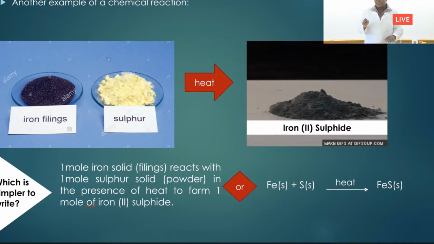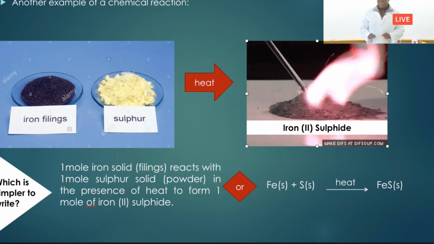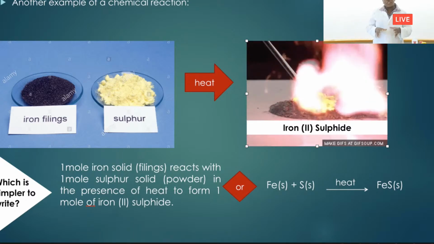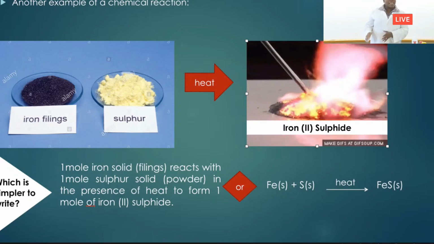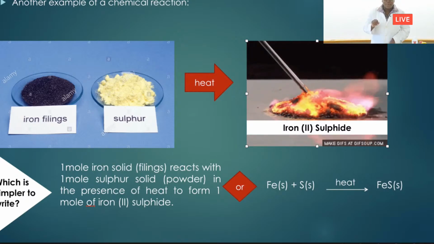So here's what we're going to look at: a chemical reaction. Now this reaction is between iron, some iron filings, and sulfur powder. Good. Now if I just took iron and mixed it with sulfur, not a thing would happen.